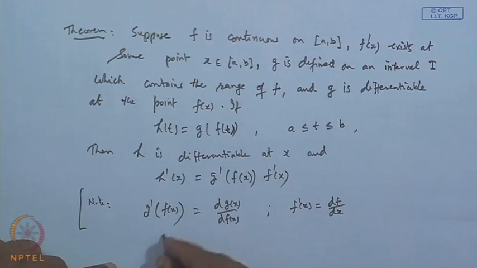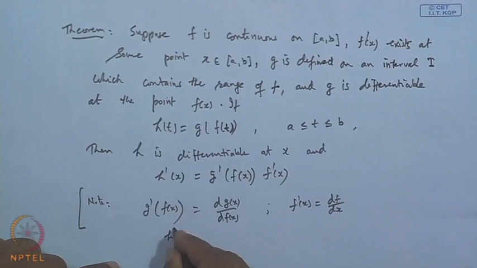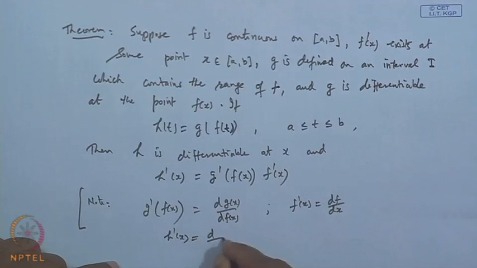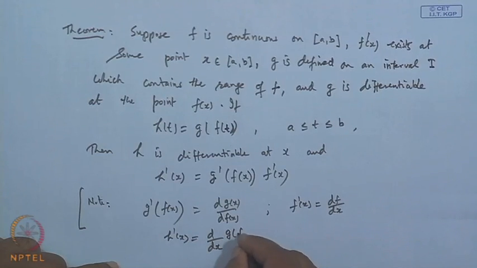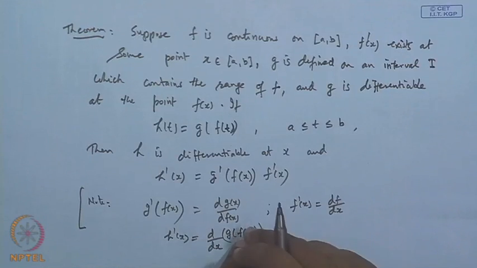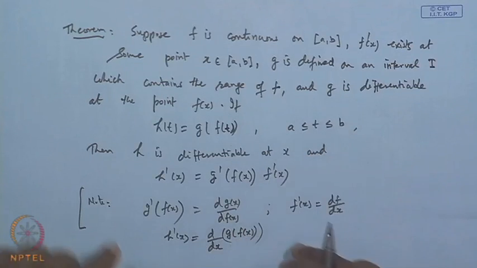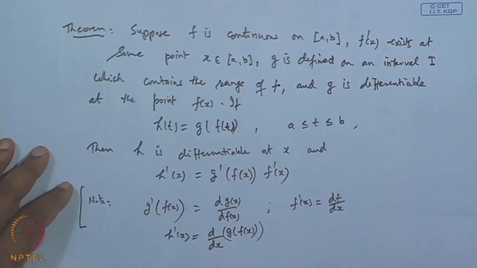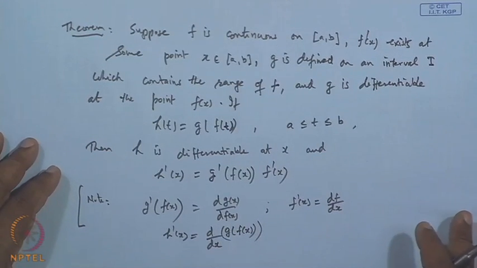So, when we are saying h dash x, it means we want to differentiate this composite function g of f(x) with respect to x. Since it is a composite function, g is a function of f, so first we differentiate with respect to f, and then f with respect to x. That will be the idea for it. Okay. So, that is the value for this.